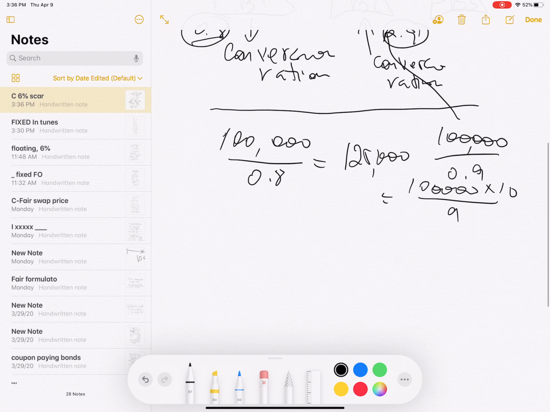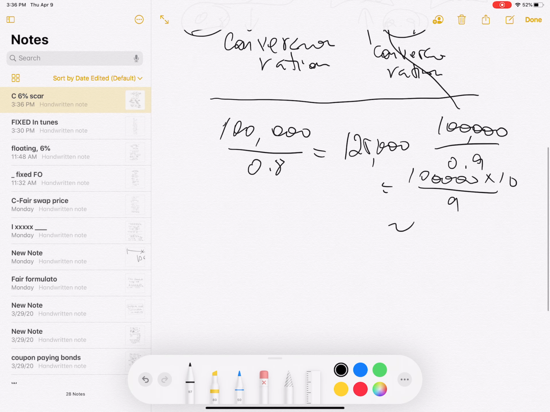So overall, here you will deliver $111,000 of face, more or less. You have some more digits, but let's just round it to $111,000. Okay. Now, this is the first part of the story.